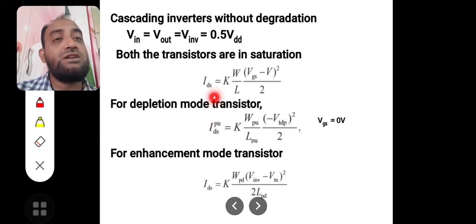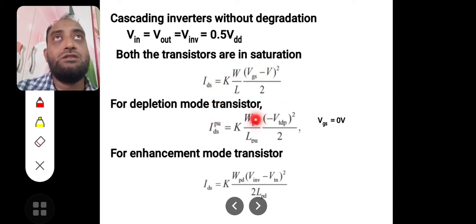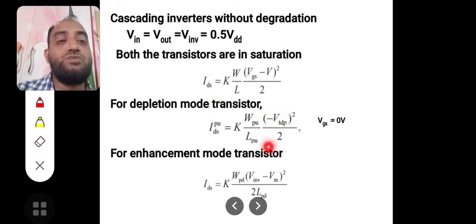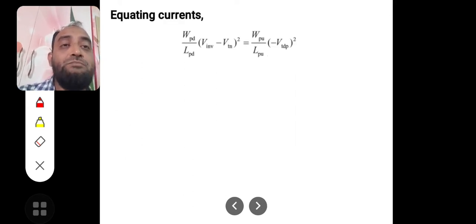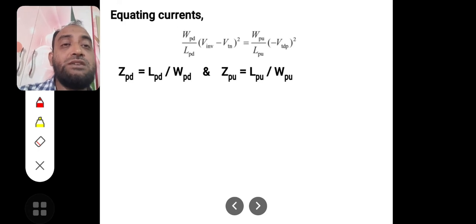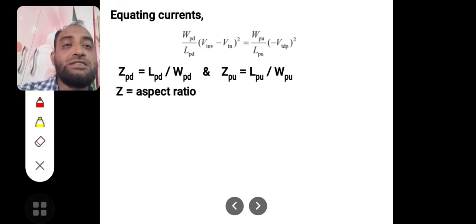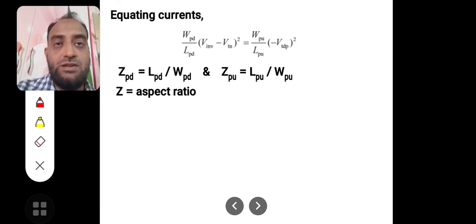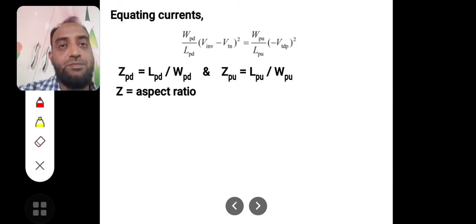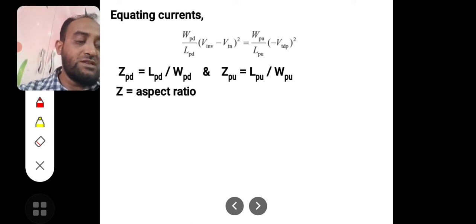As both the currents are equal, we can equate these two terms. By equating them, the common term k gets cancelled. We see L by W is equal to Z, which is a parameter representing the dimension of the device.